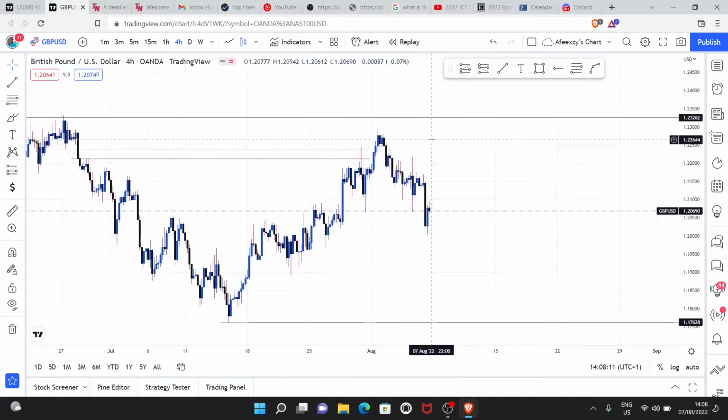And going down to our 4-hour time frame, I see after filling this a structure change here, but before I confirm the structure change, I need to know what's really happening down here before I make a conclusion that it's either a structure change or a grab of liquidity.